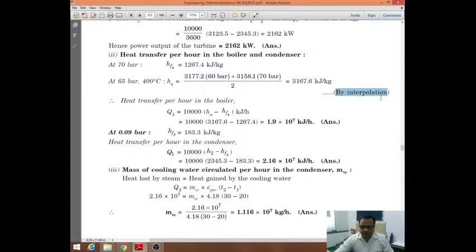Okay, and now we have the enthalpy of the liquid which is entering the boiler and the enthalpy of the steam when it is leaving the boiler.